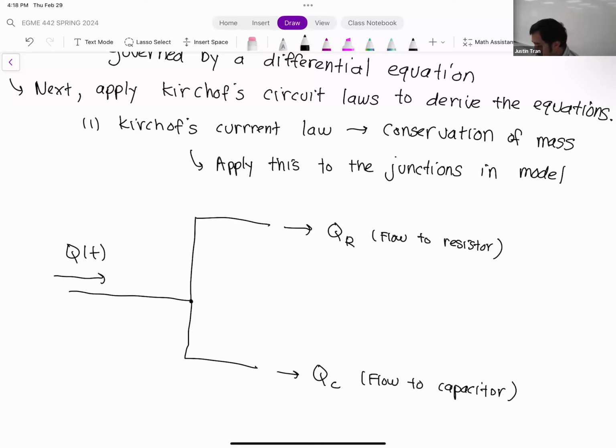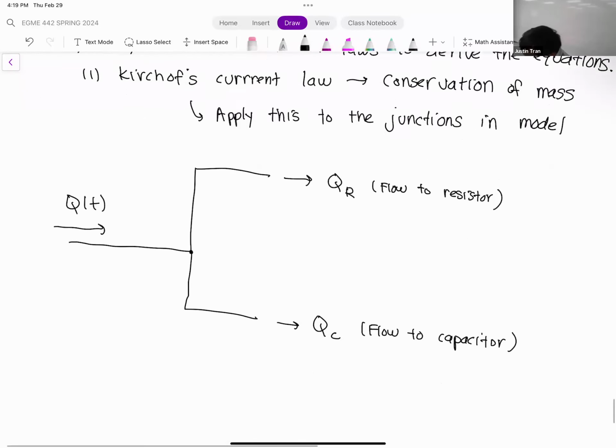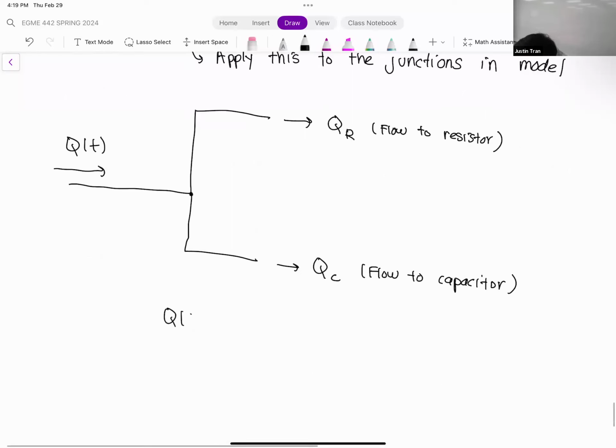By conservation of mass, we have one inflow into this junction and two outflows. We know that Q of T has to equal QR plus QC.